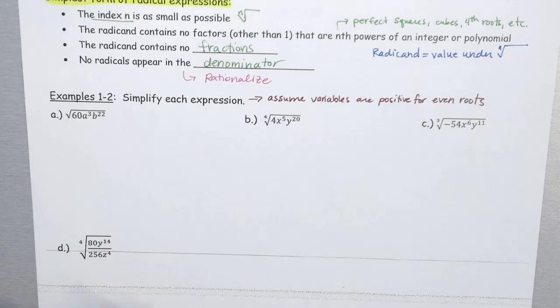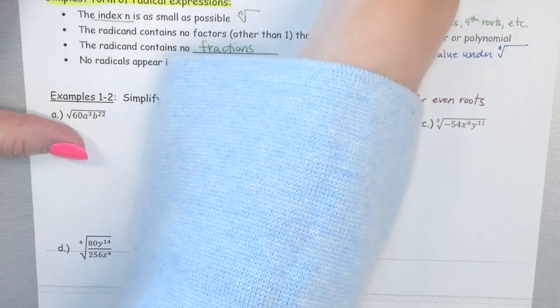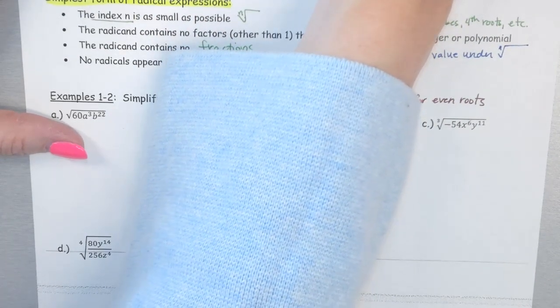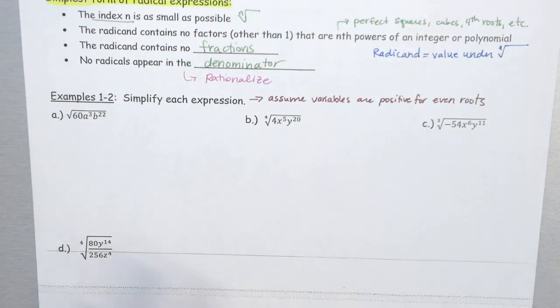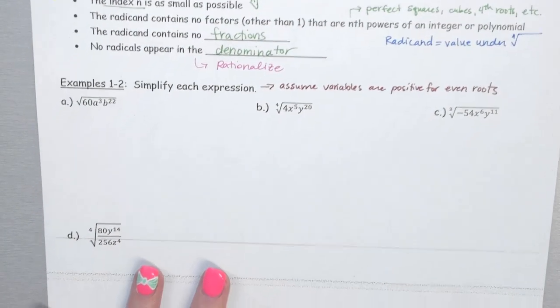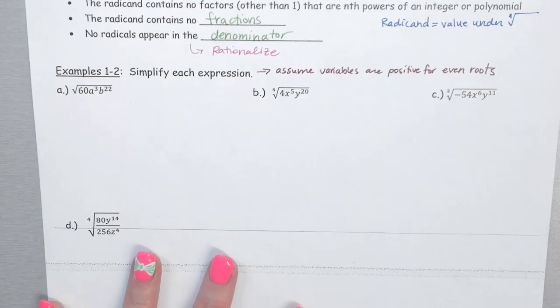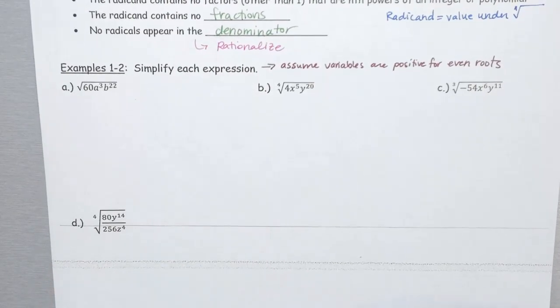And the reason why I'm telling you that is because your book doesn't necessarily do that, and if you ever were to look solutions up in the back, you would see that there'd be absolute value symbols. Okay, this is our first time learning this, so we're not going to worry about that. We're just going to worry about our simplification here.